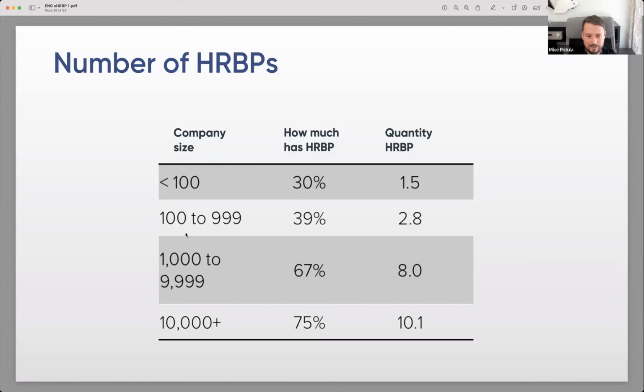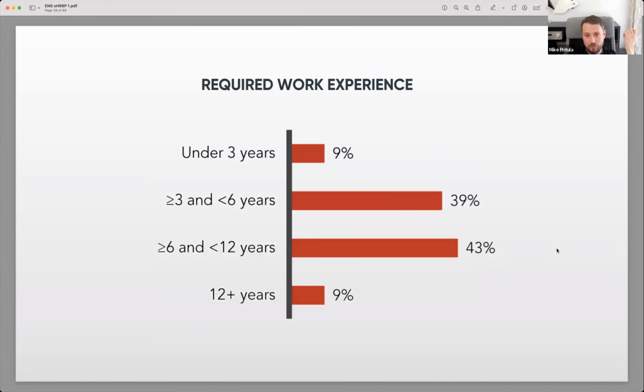The bigger the company is, the more chances they have HR business partners, and the more HR business partners work in the company. So imagine you want to be an HR business partner and you are looking for the next opportunity. Look for bigger companies. Required work experience for HR business partners: under 3 years, 3 to 6 years, 6 to 12, and more than 12.